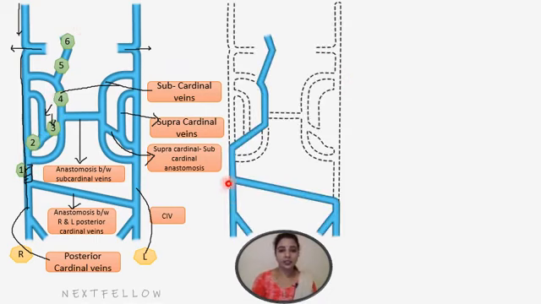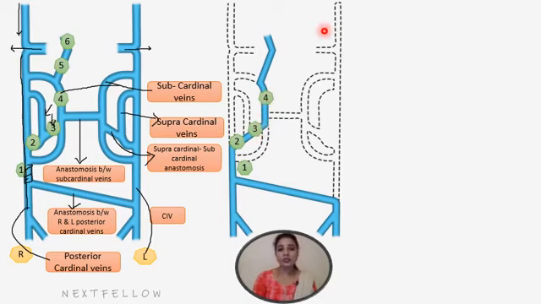So we can see again here. The first one is this one. The first part is the right posterior cardinal vein, the sacrocardinal segment. The second one is the supracardinal vein, this one. The rest of it will disappear; most of it is disappearing. The third one is the anastomosis between supra and subcardinal veins, so it is called the supra and subcardinal anastomosis.